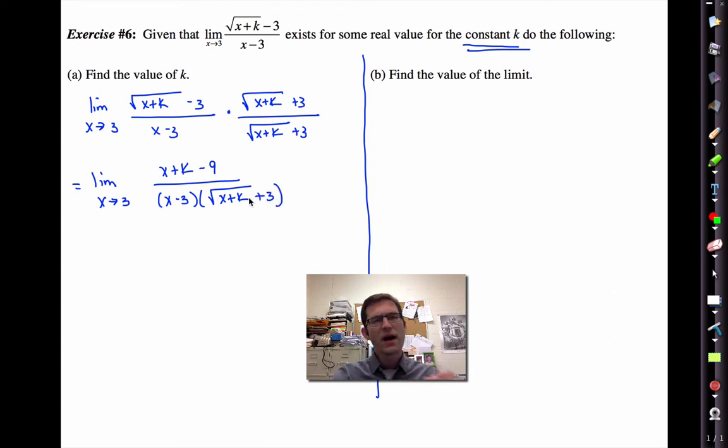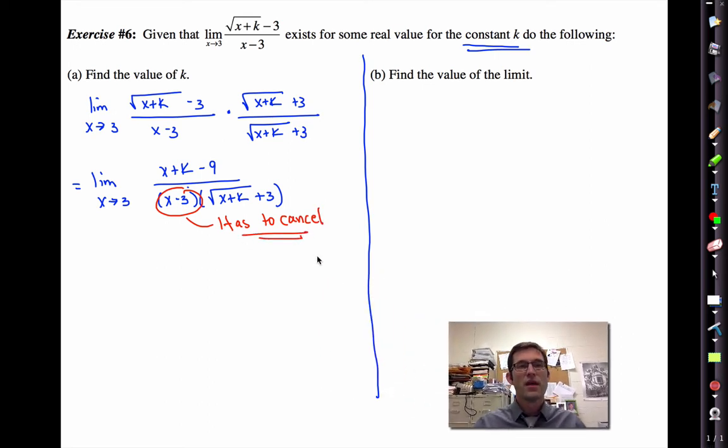All right, now here's the thing. In order for me to evaluate this limit, the offending factor, let me draw it in red, this has to cancel. If that doesn't cancel, then I won't be able to do this problem.